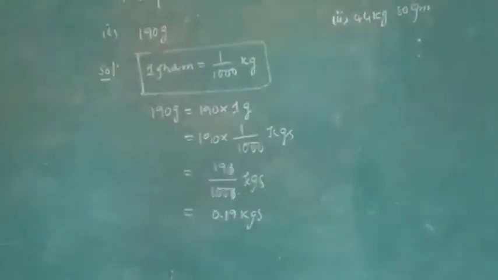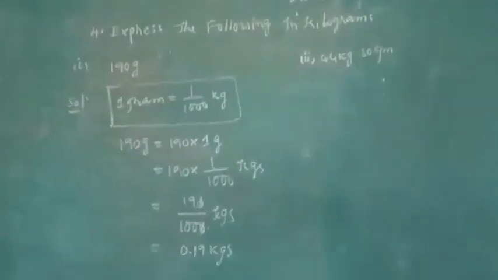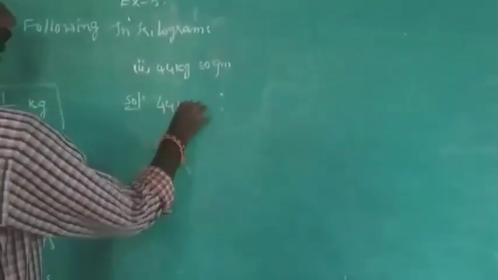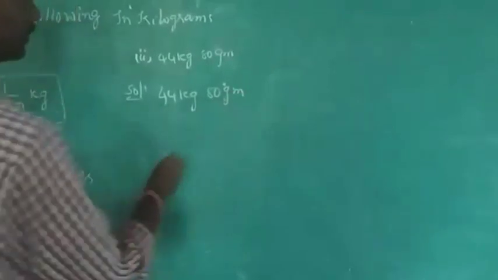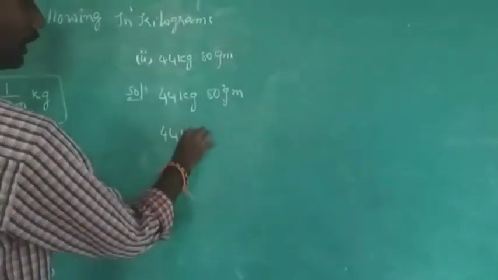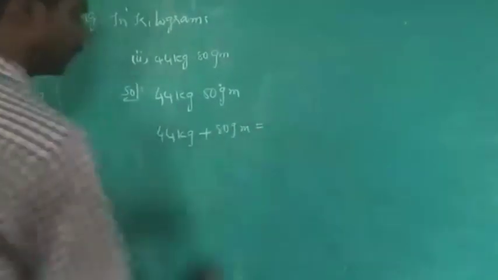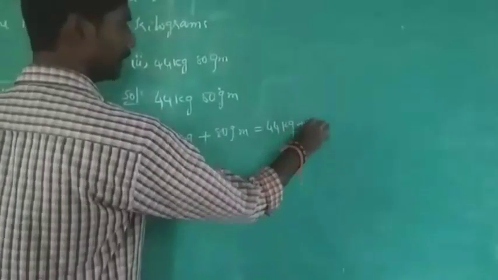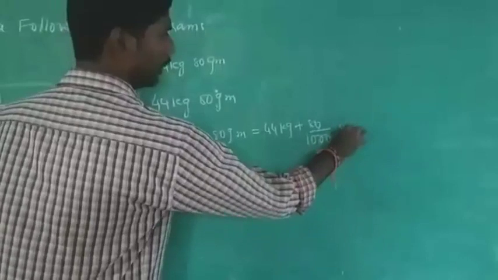The next one is the second question: 44 kilograms, 80 grams. See, 44 kilograms plus 80 grams, unit conversion. It's simple. So 44 kilograms plus 80 by 1000 kilograms.